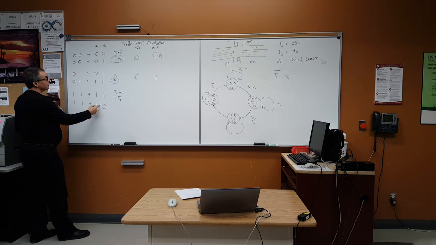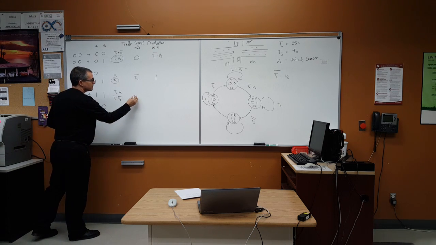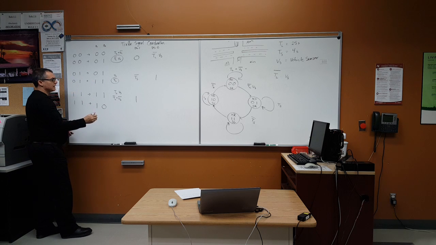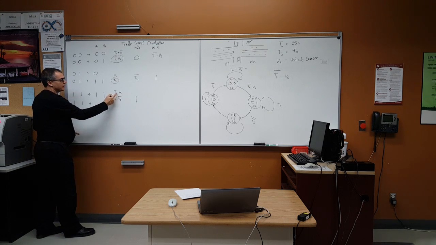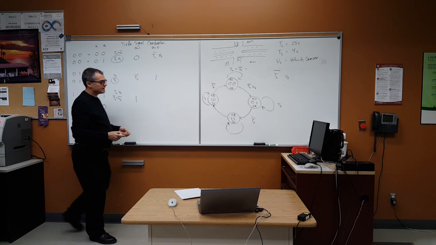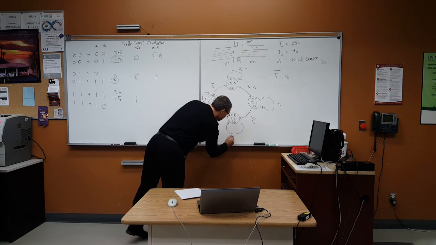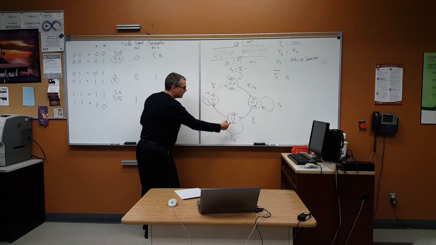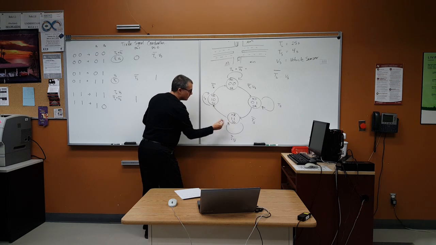So again here, my Q1 is going to be 1 regardless. And here, when TLVS is 1, I need this to be 1. When TLVS is 0, I need this to be 0.